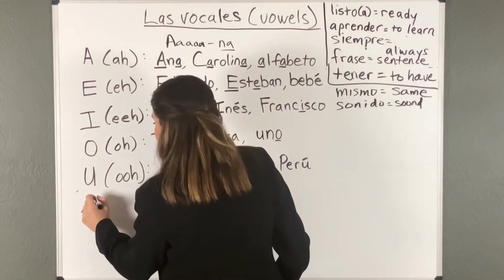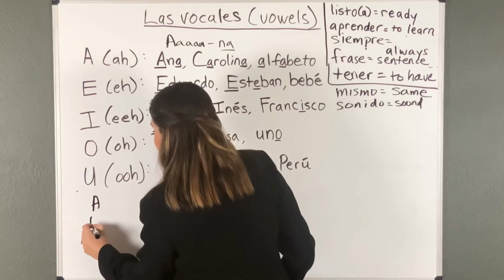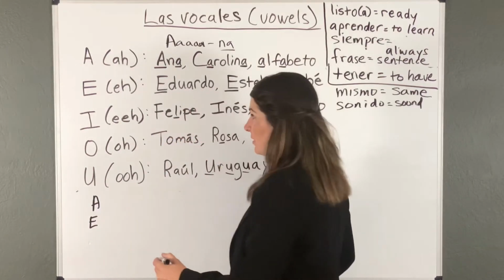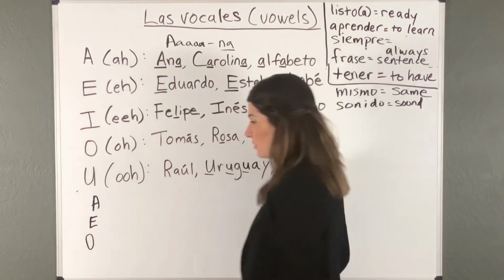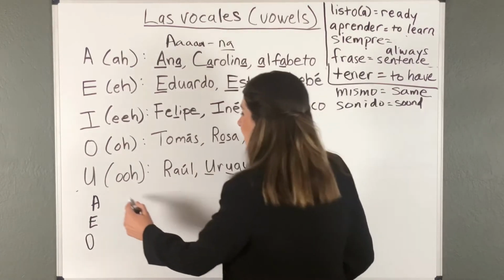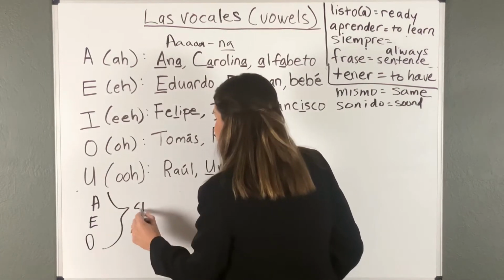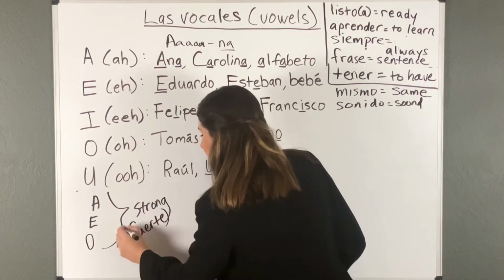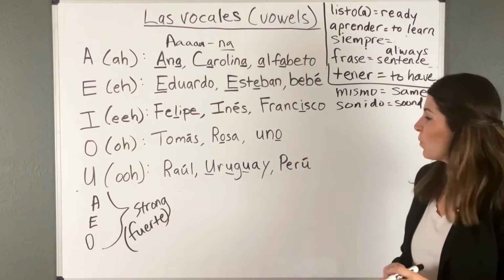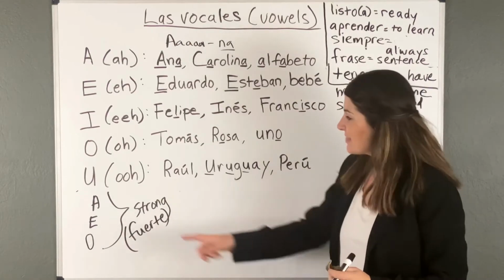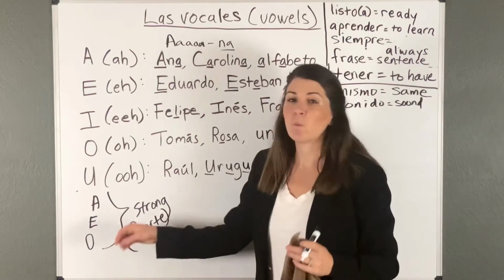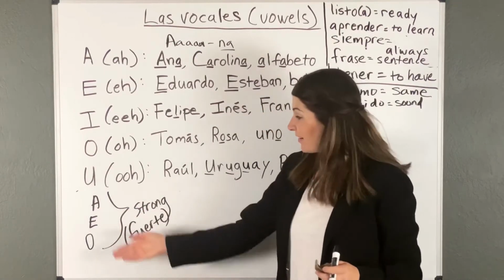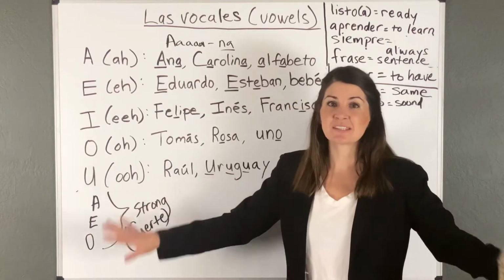So A, E, y O. These are our strong vowels, or fuerte. What does that even mean? That means that these vowels, when placed next to each other, each get their own syllable.